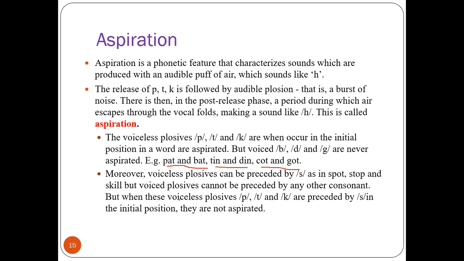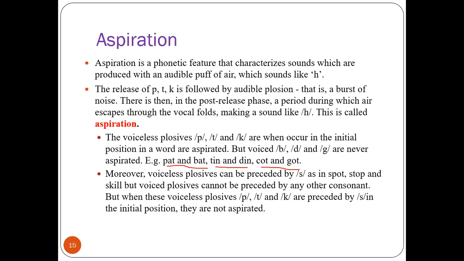Moreover, voiceless plosives can be preceded by s, as in spot, stop, and skill. These are examples where they may come in combination with another fricative sound. This is another feature, and it is a phonological feature, not a phonetic feature.